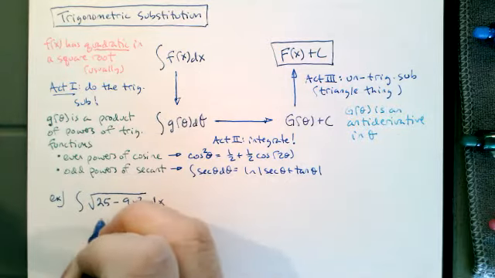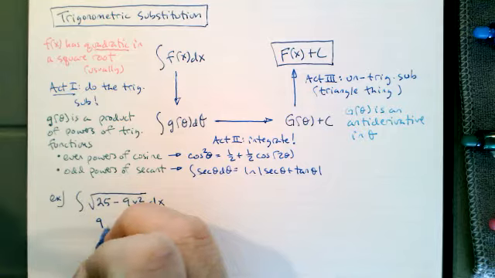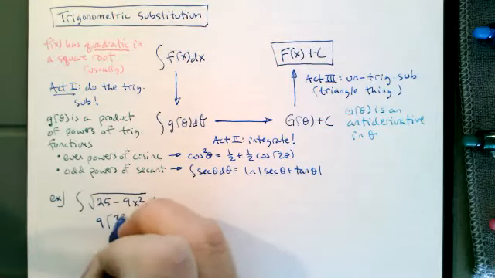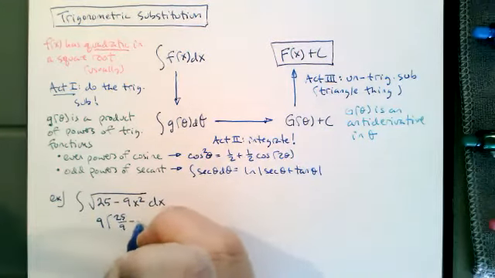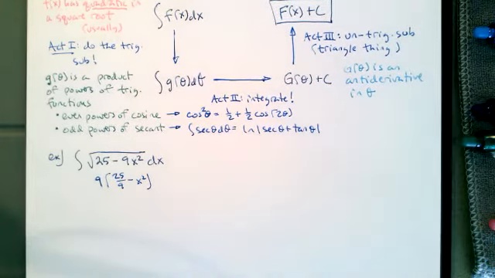I'm going to factor out a 9 from the 25 minus 9x squared, and that'll give me 25 over 9 minus x squared. So that tells me what my trigonometric substitution should be: x should be 5/3 sine of theta.